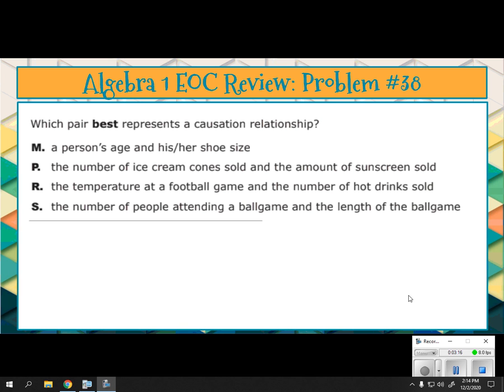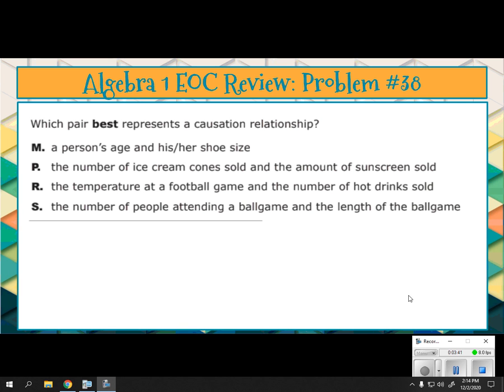The number of ice cream cones sold and the amount of sunscreen sold is also not a good causation relationship because ice cream should not have any effect on sunscreen, and that is what we call a lurking variable, or a hidden variable. Ice cream and sunscreen are probably both going to sell more on hot days.